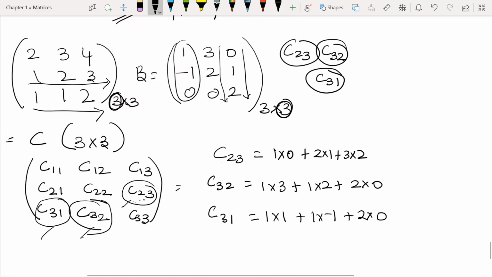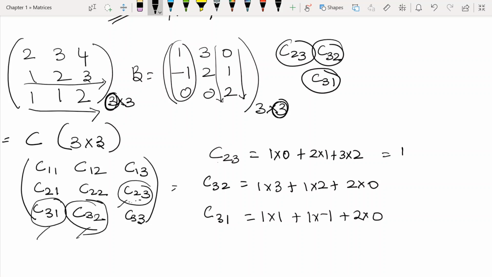So now let us find the values here. 1 plus 2 plus 6 is 9. So here it is 3 plus 2 plus 0. 3 plus 2 is 5. 1 minus 1 plus 0. So what you get is a 0. So these are the elements.